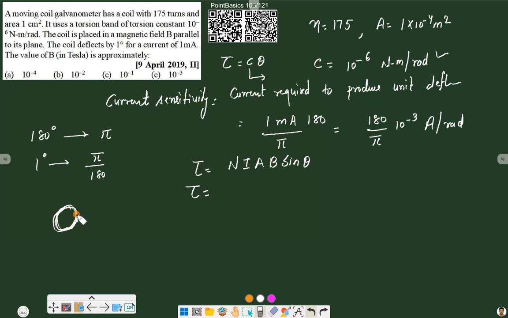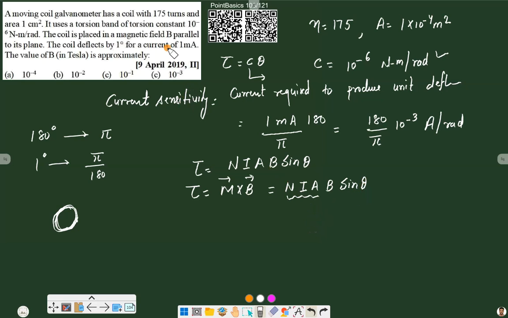So for a coil with N turns, torque is given by m cross B, where m is the magnetic dipole moment. So m will be number of turns into I into area, that is the formula for magnetic dipole moment, into B magnetic field, and as it is a cross product, we will have sine theta here.